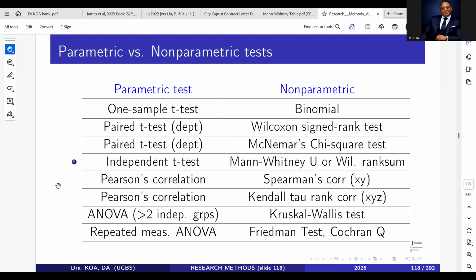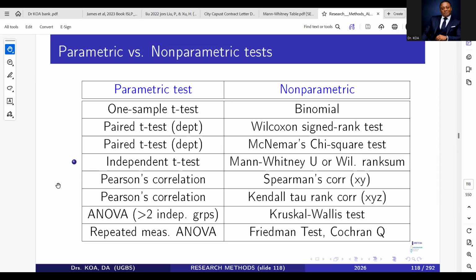If the data is parametric, the test statistic you will use is different from if the sample is non-parametric. This point I just said is very important for you to write down, put in your own words.